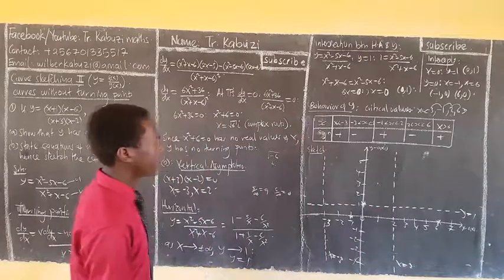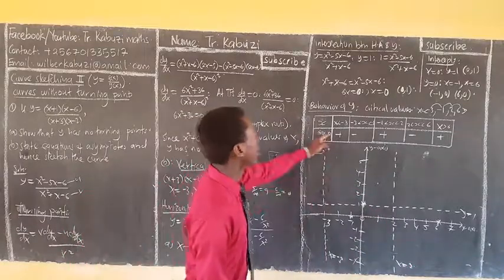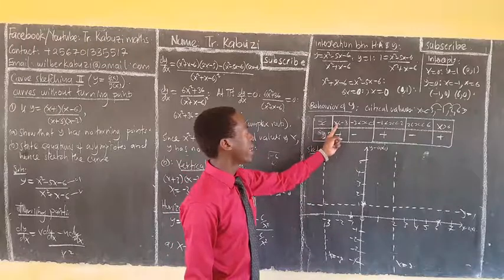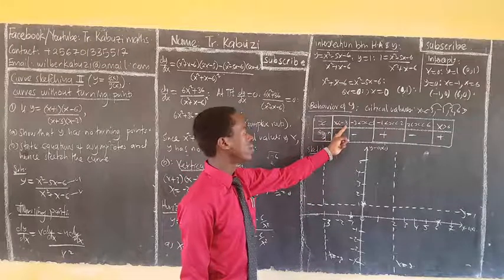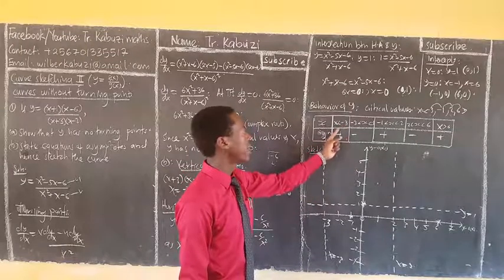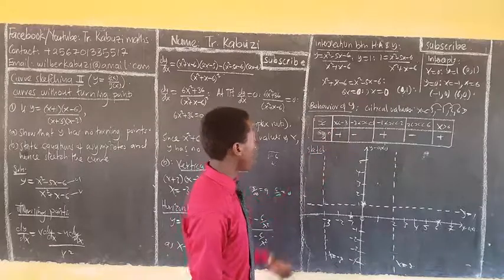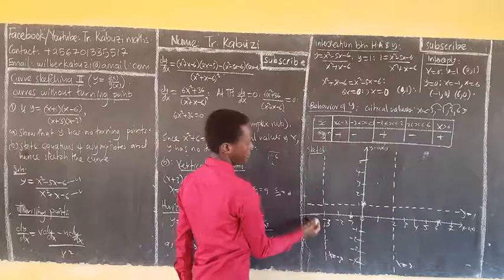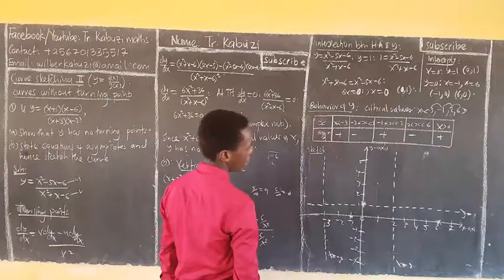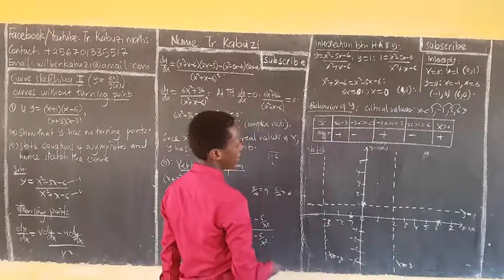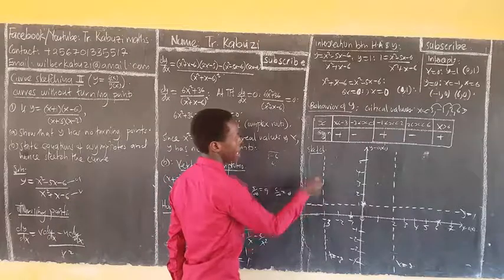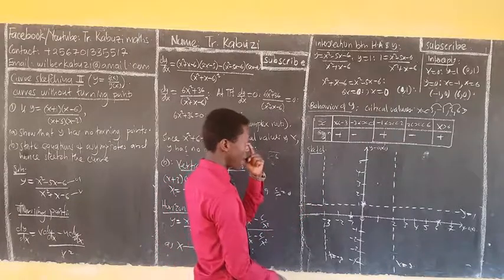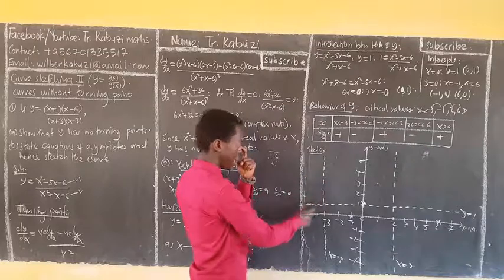Then we start plotting. When x is below negative 3, y is positive. You see this is an asymptote and this is an asymptote, so for y to be positive, it's going to be like this.